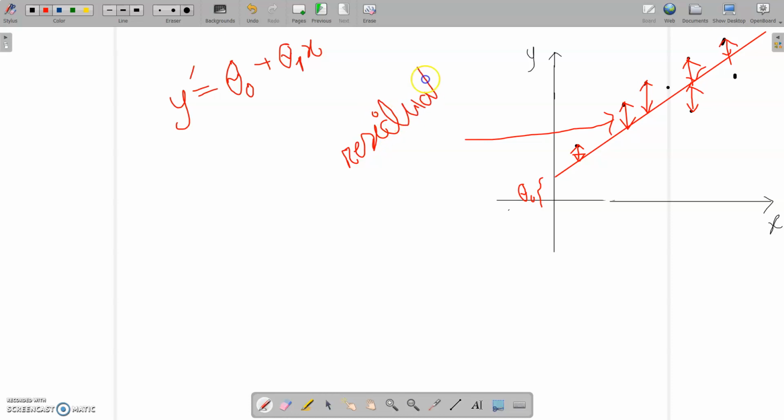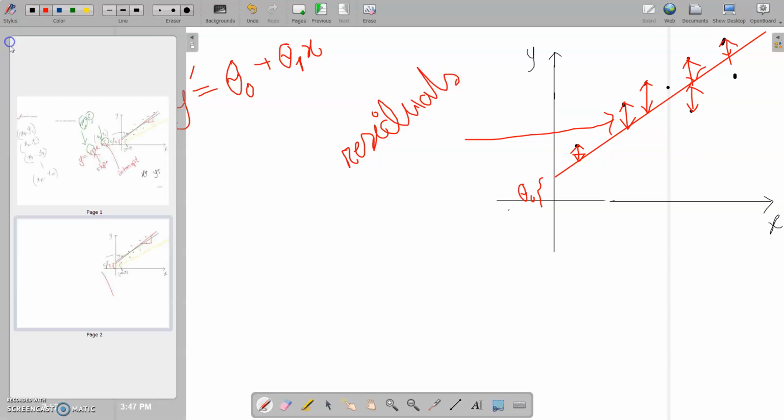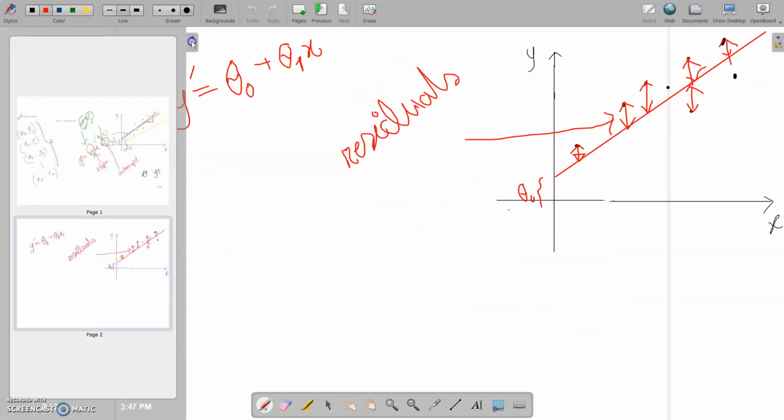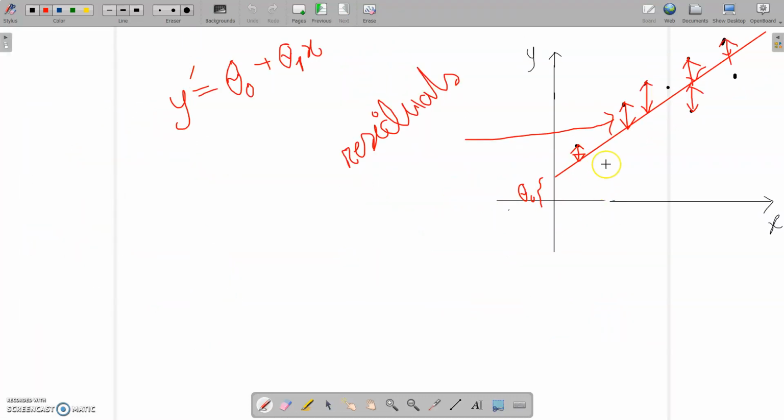So as you saw previously, we have a set of points from x1 to xn, with corresponding y1 to yn. For each pair x1, y1 to xn, yn, we calculate these residuals. So what is the value?